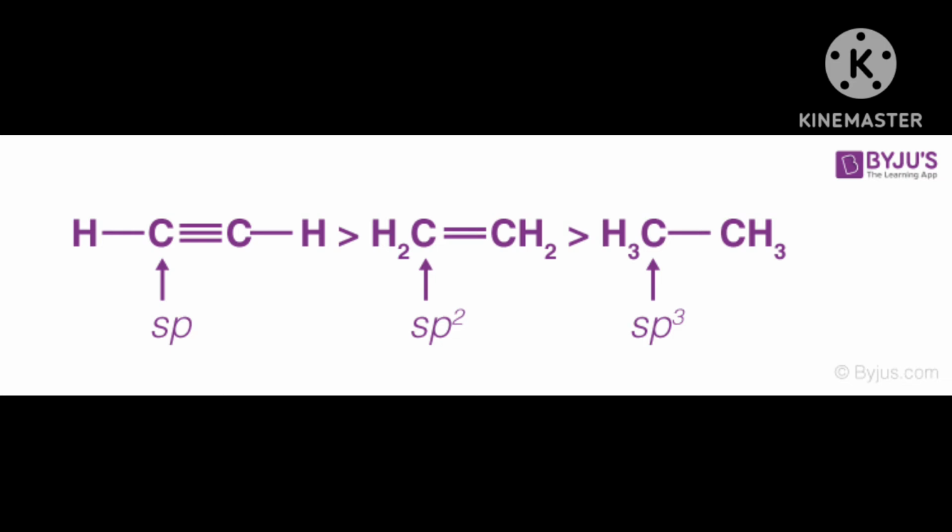HS minus, second is BF3, third is C2H5O minus, fourth is (CH3)3N, where they have given a lone pair of electrons on nitrogen.